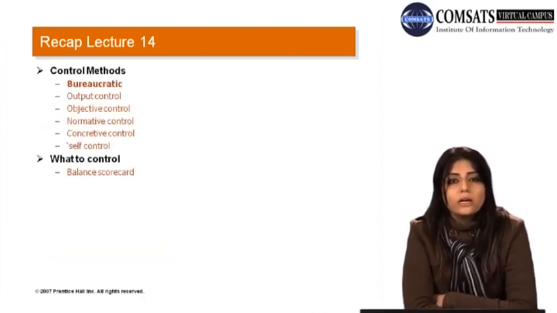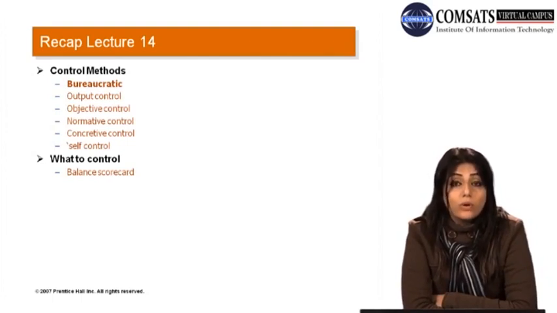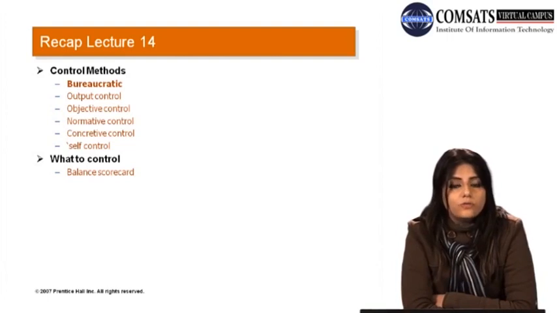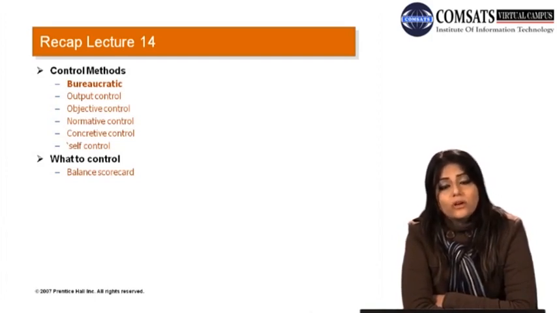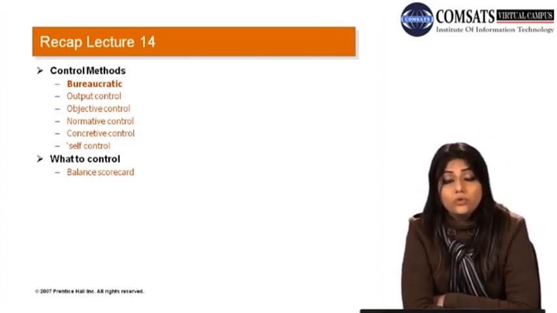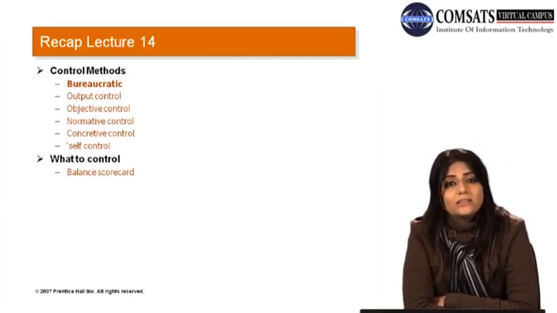Then we had a discussion on the different methods that organizations or managers can use for exercising this control activity. The first one we discussed was the bureaucratic style of control, with more emphasis on the rules and policies of the organization, which set the guidelines for controlling the actions, behaviors, and outcomes of the individual. They need to follow those strict guidelines.